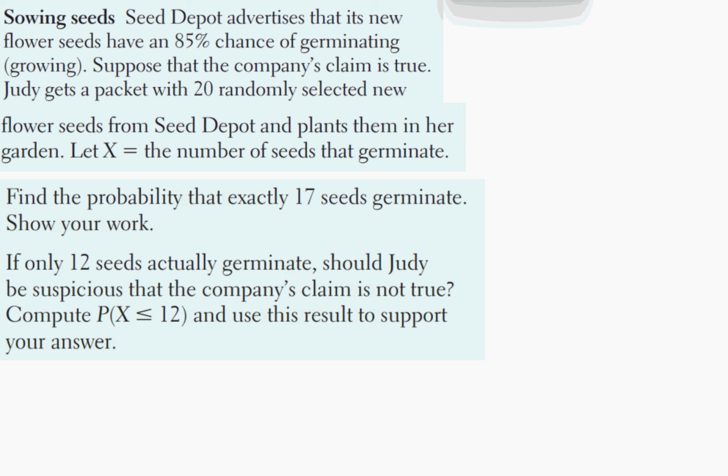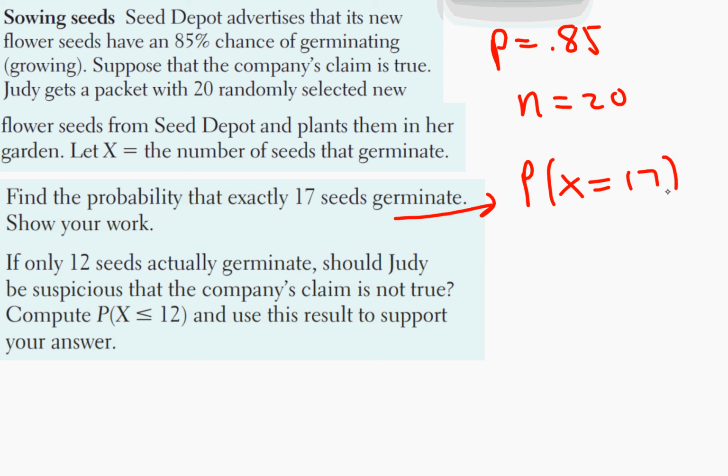Okay, so if we look here, this is Seed Depot, the probability that a seed germinates is 0.85. And then they tell us that we're going to take 20 packets. So it looks like n is equal to 20. And in this first case, we want the probability at exactly 17, so x equals 17. We can use our formula if we want, or we can use our new binomial PDF button.